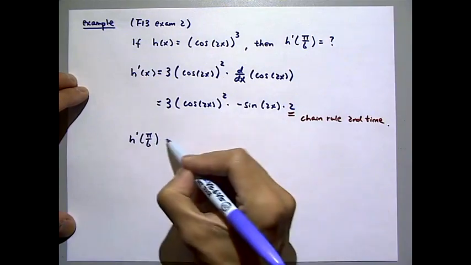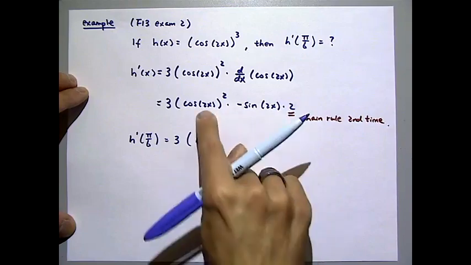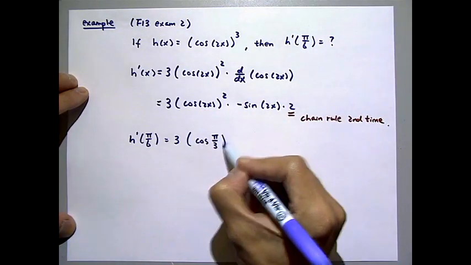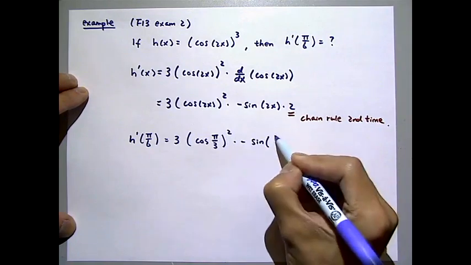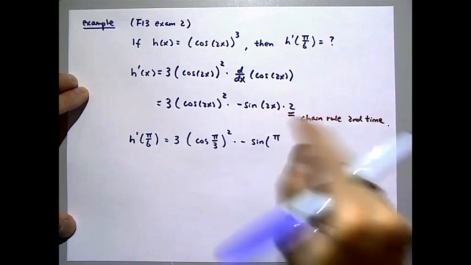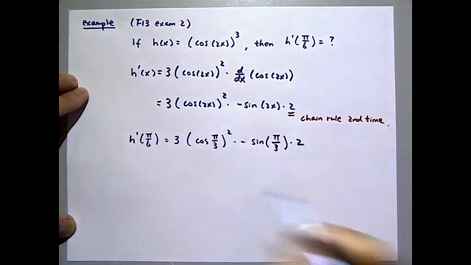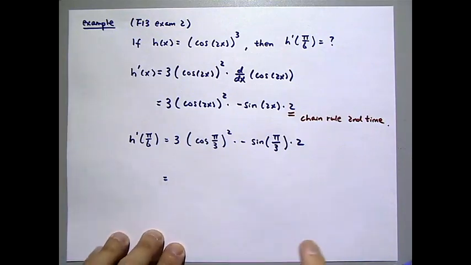So let's see what we get. We get 3 cosine of 2 times pi over 6, that's pi over 3, squared, times negative sine of pi over 6 times 2, pi over 3, times a 2. So what do we get?